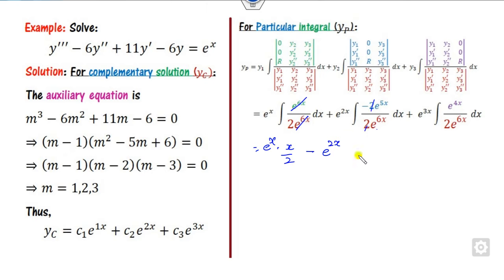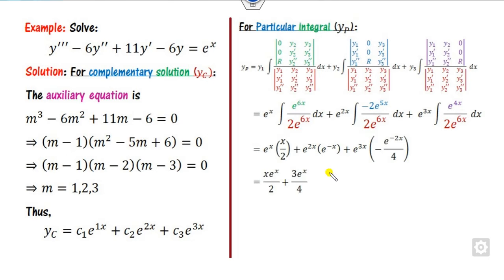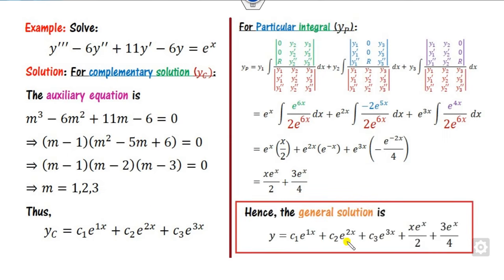So e raised to power minus x divided by minus 1, it will be e raised to power 3x by 2 outside. e raised to power minus 2x divided by minus 2 is the right answer. After simplifying you will get this. So the right answer is yc plus yp. This is the way you can solve using the method of variation of parameters for finding the particular integral.